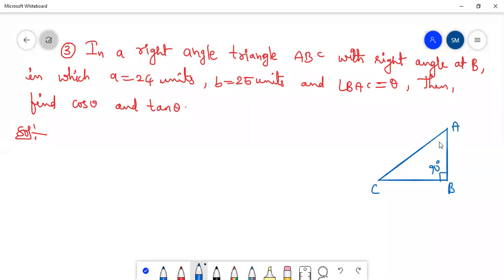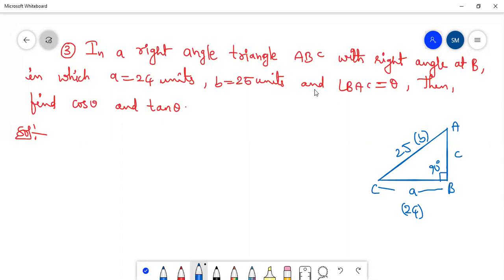Here A is the angle, the opposite side is small a. This is 25, this is small b, and small a is 24, and this is the angle C, the opposite side is small c.